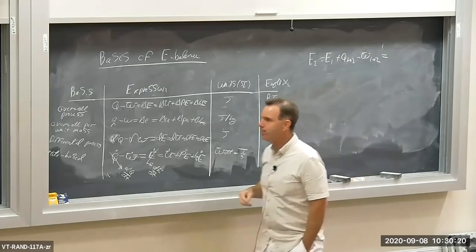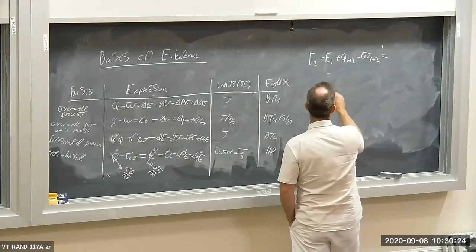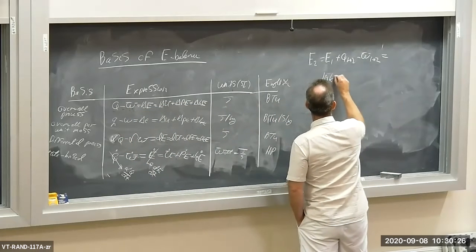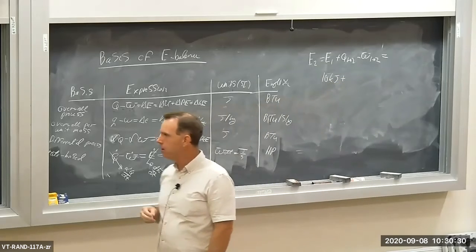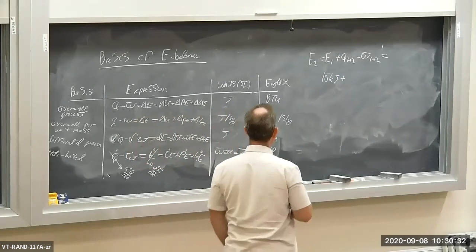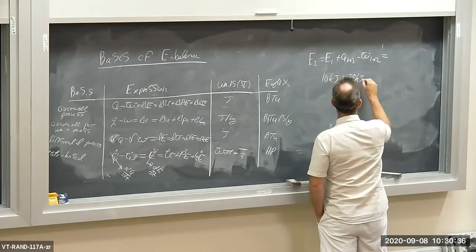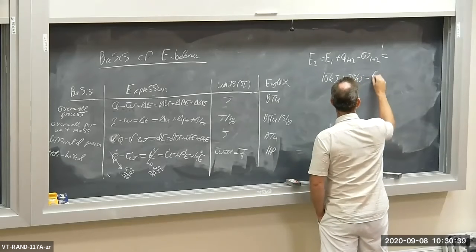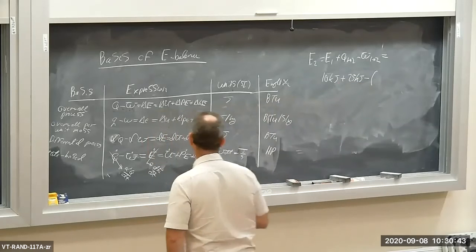Okay, let's plug in. E1 is 10 kilojoules. The heat added is 25 kilojoules. And then I have minus, and I need to put a minus 500 joules there.